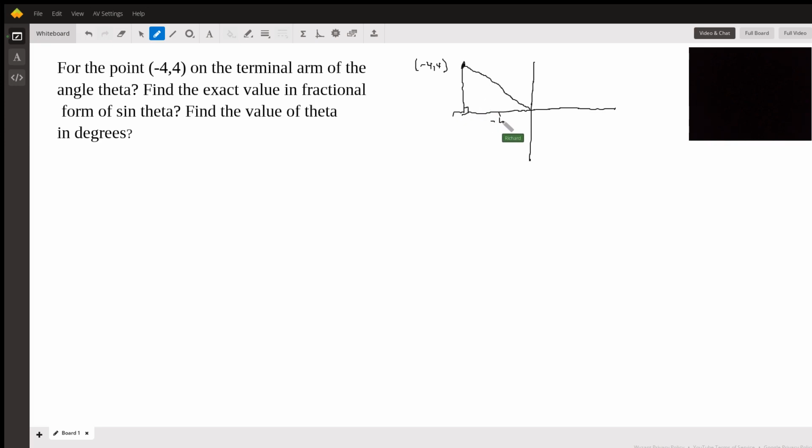So this is -4 here and 4 here. And there we go. Now the angle that we're interested in is this. That's our theta. Because we're starting off at 0 here and then coming all the way around to this point, -4, 4.